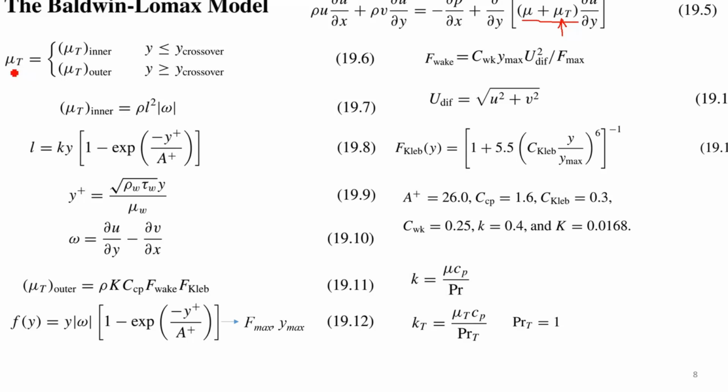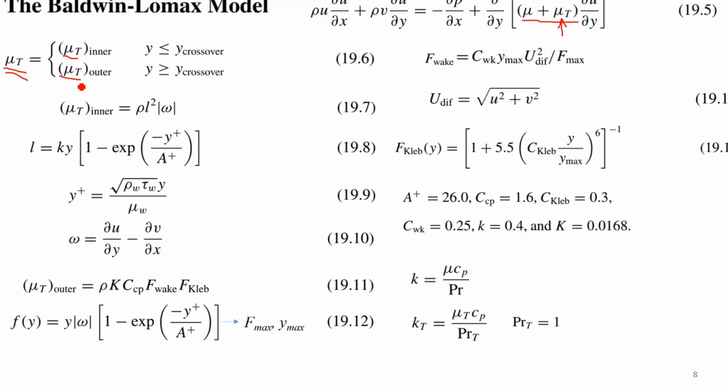Turbulent viscosity, as you may see in the first equation on the left, is divided in two layers. It is a function which has two parts: before the crossover, before some specific point inside the boundary layer, and after. From 0 to the crossover, we have the inner layer, mu T inner, and from some coordinate to the external point of the boundary layer, we have mu T outer.